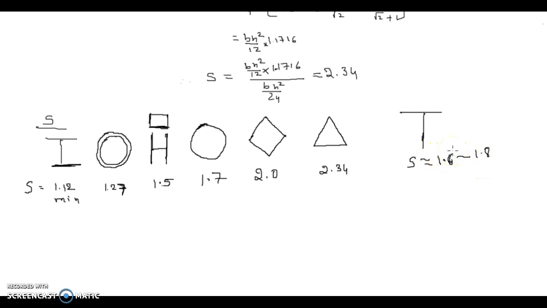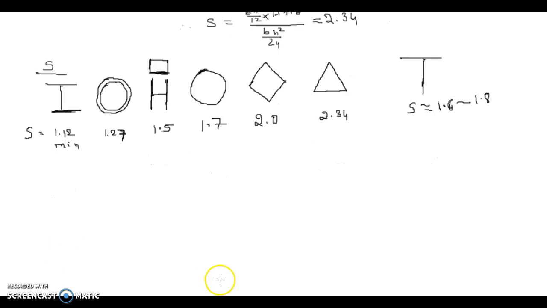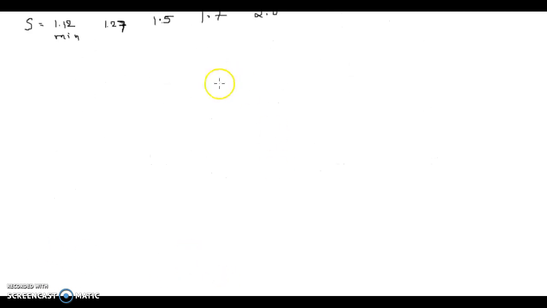Okay, now moving on, next we have some more definitions in plastic sections, and they are very basic in nature. So the next one we have here is the load factor.